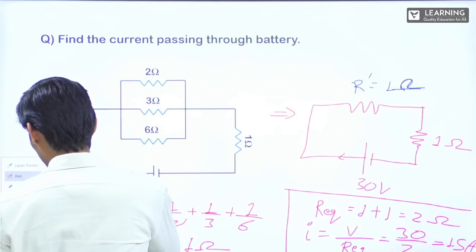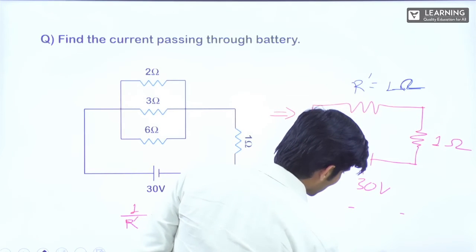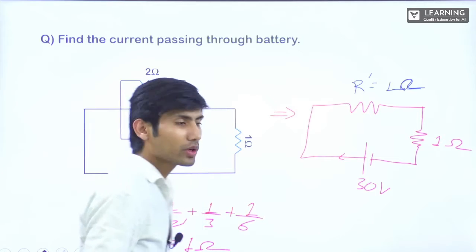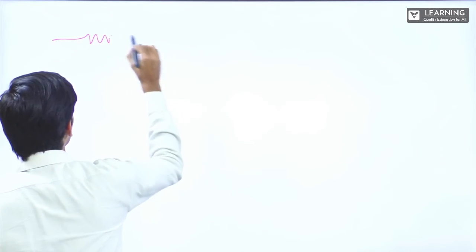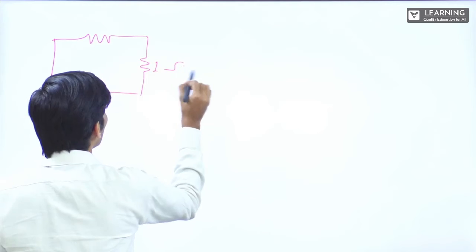Or for some people, let me make it simpler. See, these two are in series, so equivalent will be 2 ohm. Let me make a circuit here. So basically, it is given like this. 1 ohm, 1 ohm.